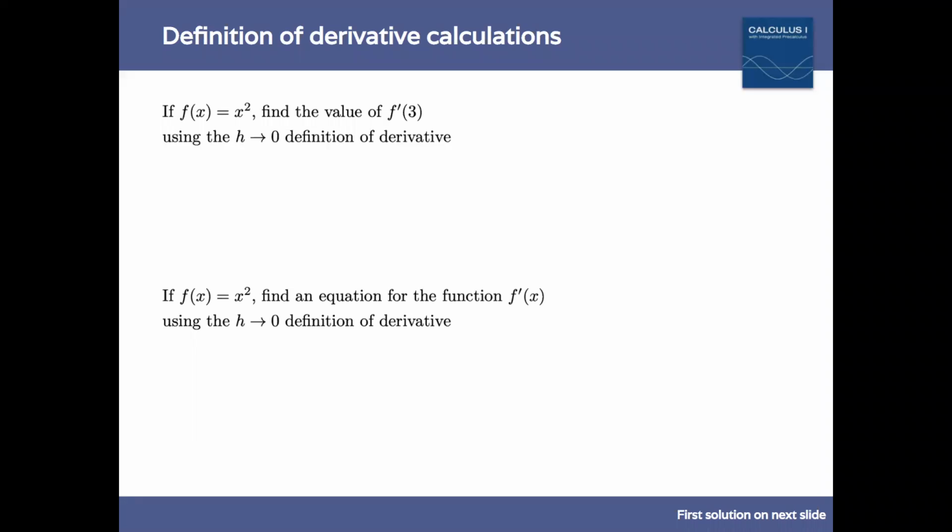So we've got f of x equals x squared, and we want f prime of 3, using sort of the regular definition, the h goes to 0 definition. I'm just going to copy it from what I remember it says on the slide.